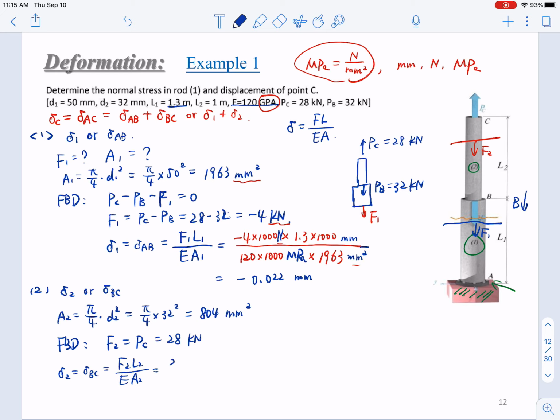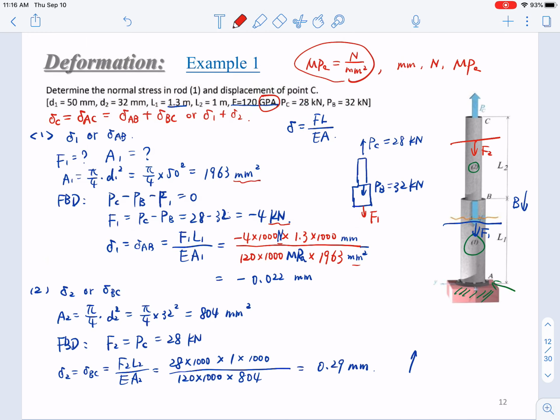F2 is 28 kilonewton. Right? L2 is just 1 meter, 1 times 1,000 millimeter. Right? Over E is 120,000 MPa times A2, that is 804. Okay, so here we got 0.29 millimeter. So this one is an upward deformation.